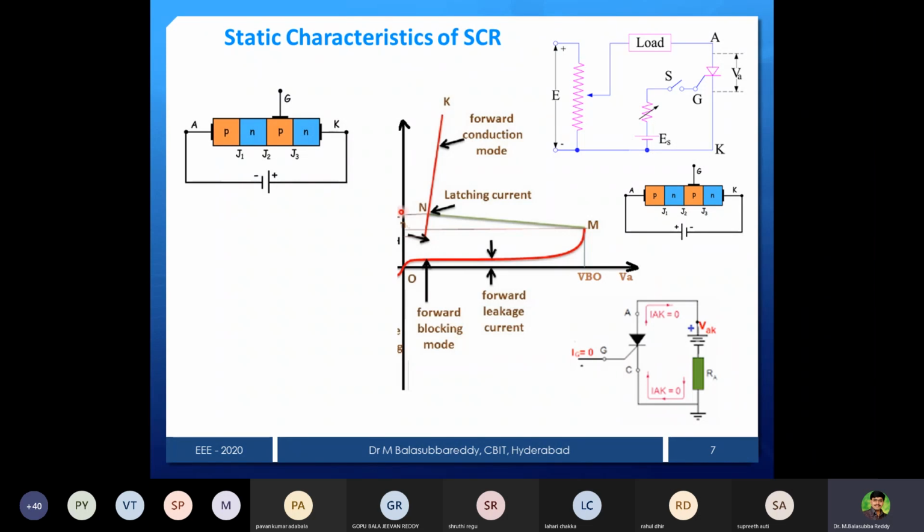It will not be operated. Now, reverse blocking mode of operation means that the cathode is positive with respect to the anode. That is how the supply is given.